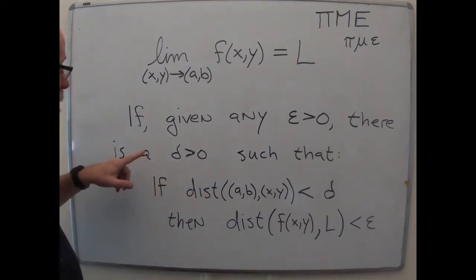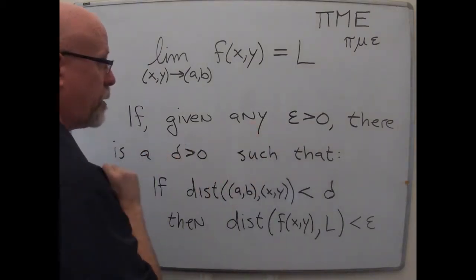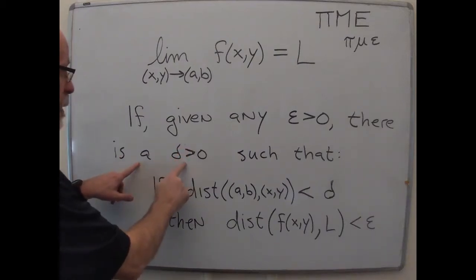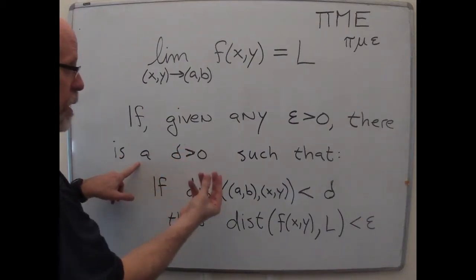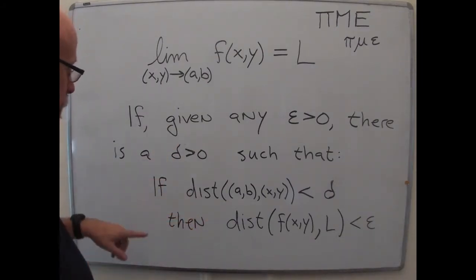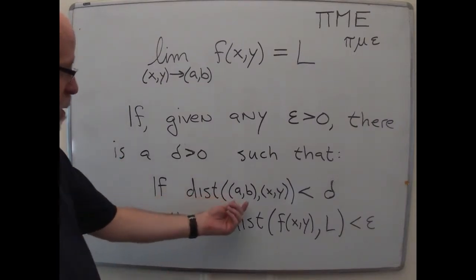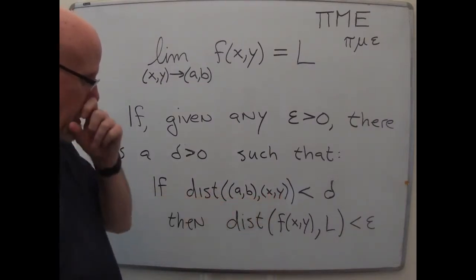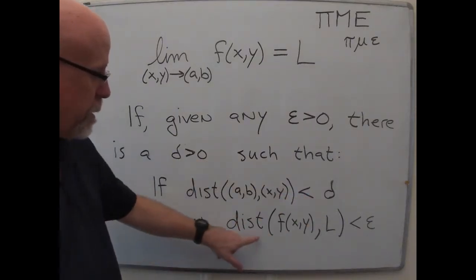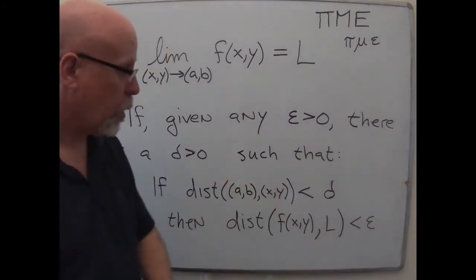So what's the idea? Any vertical tolerance that you name, any small positive number epsilon, for any such thing, it's possible to find a delta, a tolerance in the xy plane, such that, and this is where I differ from the book, if the distance of our point xy from AB is small, less than delta, then the distance of f of xy and L is also small.